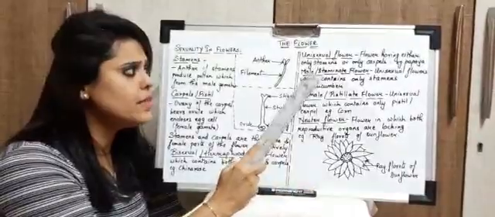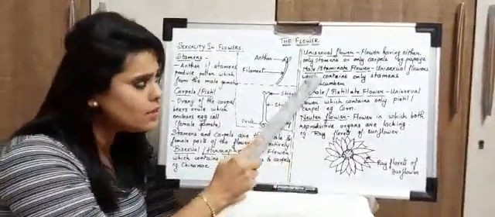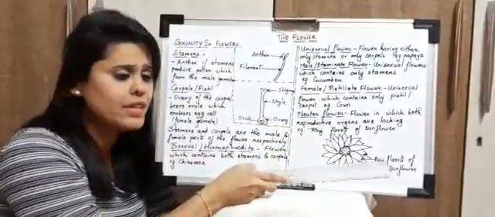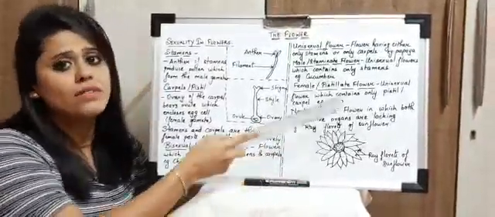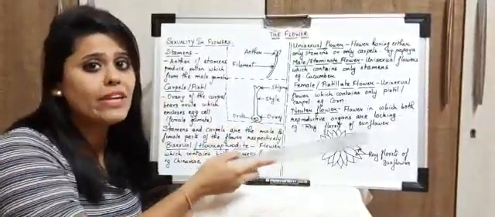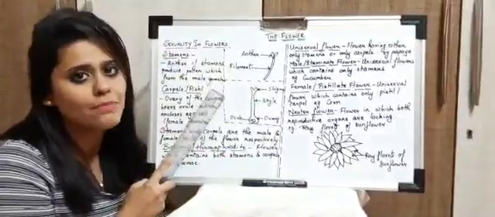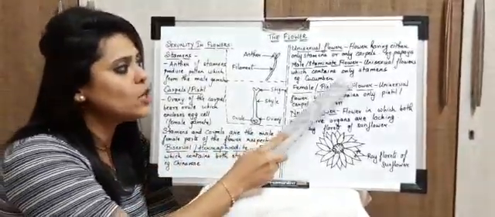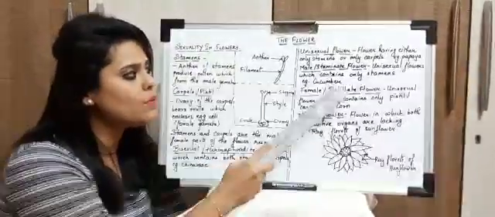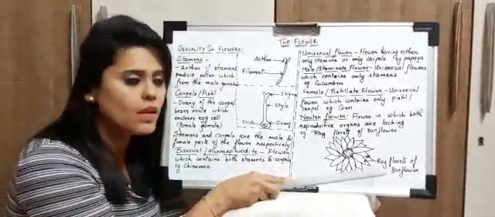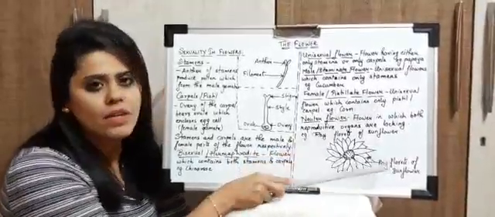Third definition is male or staminate flower. The word itself defines everything. Male flowers or staminate flowers are those which will be having only the male reproductive part. That means which will contain only the stamen parts in them. The common example over here is cucumber. Female or pistillate flower.